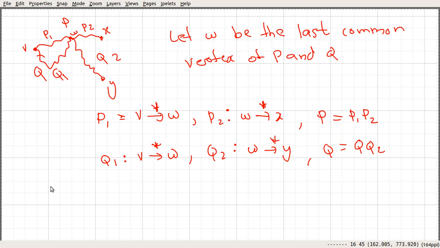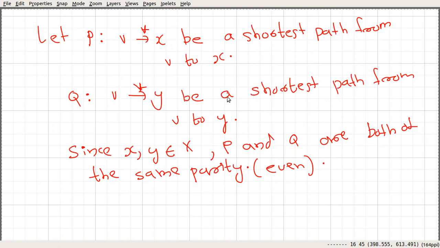And here we have this main observation. Since P and Q are shortest, that's how we chose this one, right?